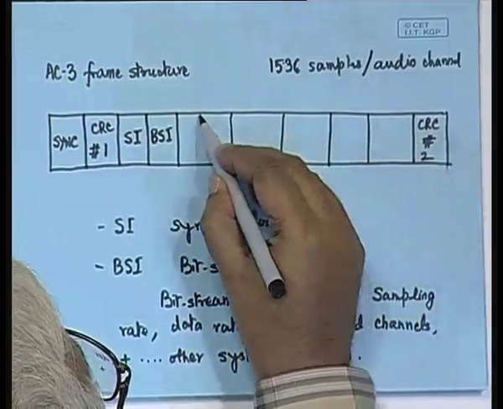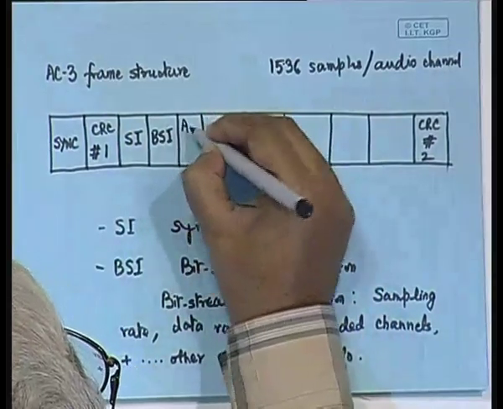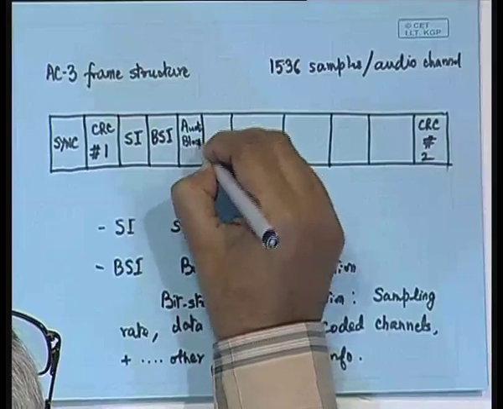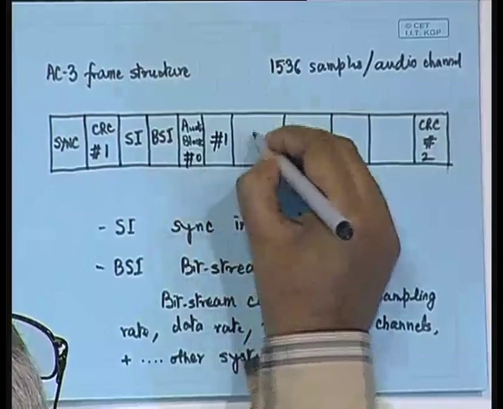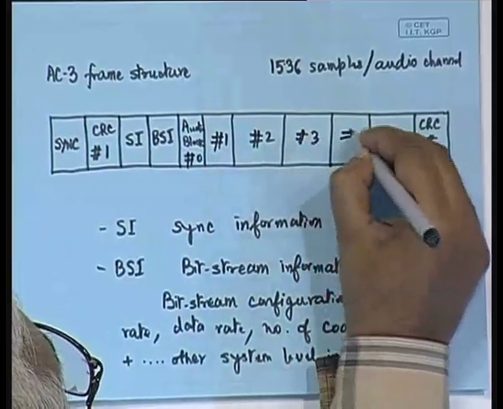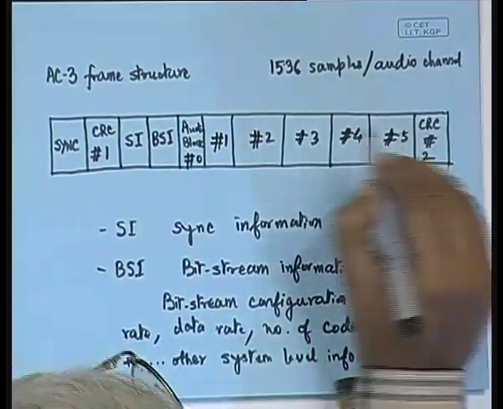I could not make equal partition. So, this is audio block 0. Okay, this is audio block 1, 2, 3, 4. The last is the audio block 5.